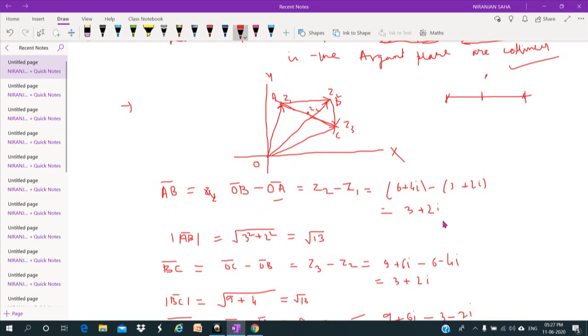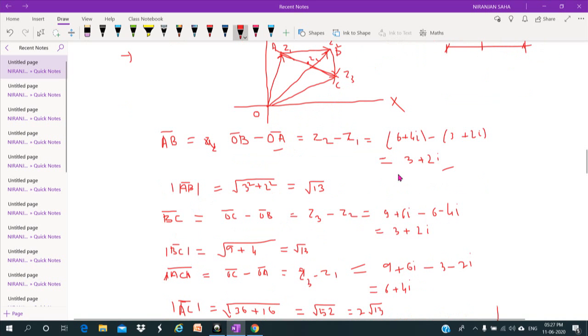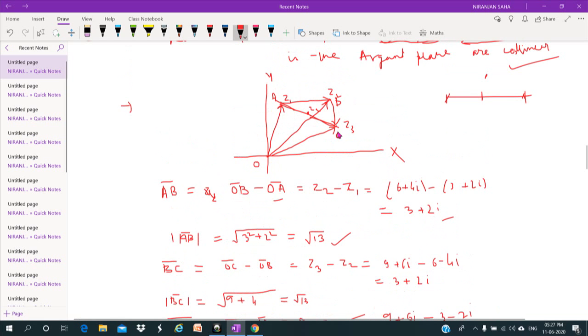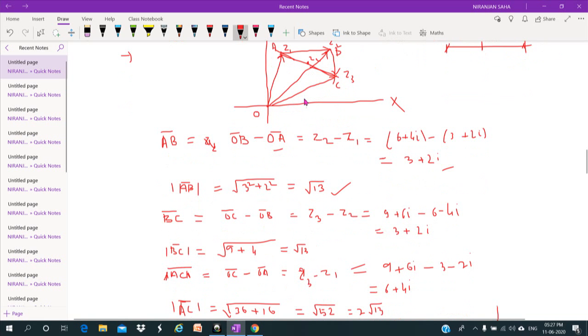So we will have this complex number. What will be the modulus of this complex number? 30. And in this way, we find BC. This will be equal to OC minus OB, so this will be Z3 minus Z2, and subtracting those, we will have 3 plus 2 iota. So the modulus of this BC complex number is 13.